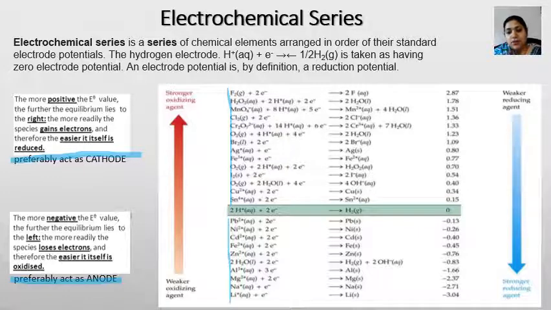It is clear that if the value is positive, it will act as cathode and has the ability to get reduced. If the value is negative, it will act as anode and has the ability to get oxidized. But what happens if we have two elements with the same sign of values?